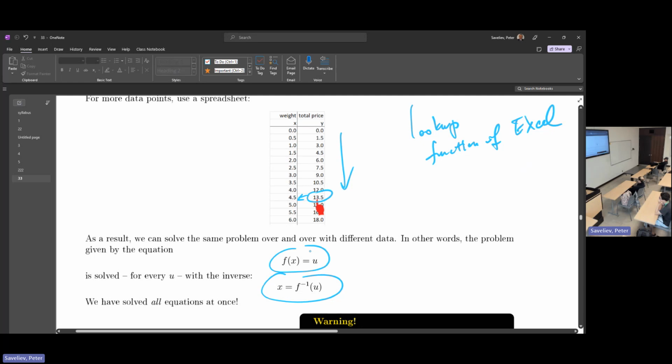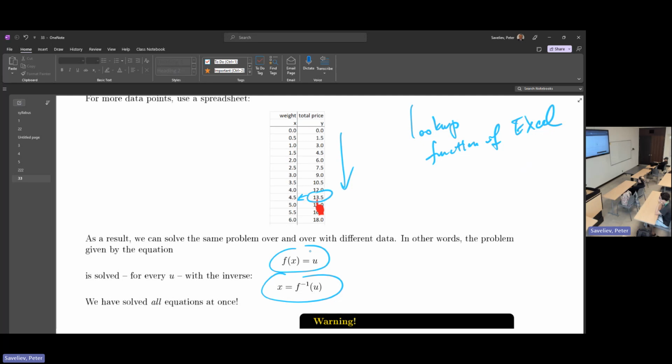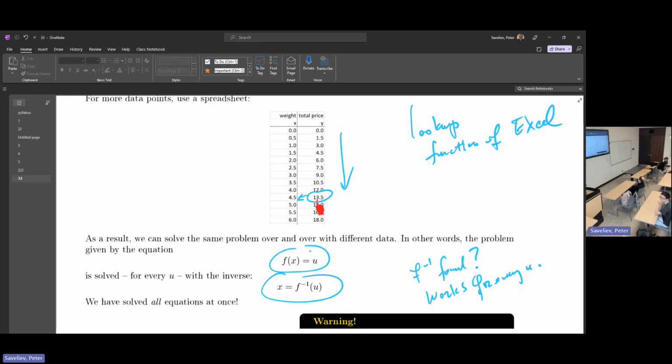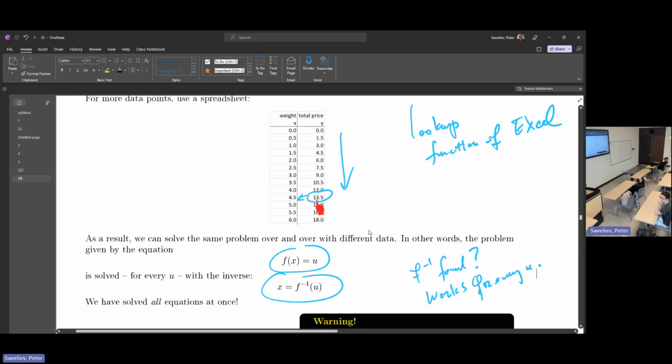So x, the input that we're looking for, is simply the inverse of f applied to the output, and look at it: if you find f inverse, then the method works for every output. Okay, so that's the good news. The bad news is finding the inverse might be challenging, and might not even exist. So that's a possibility for us to worry about. But at least this is a plausible, feasible approach.